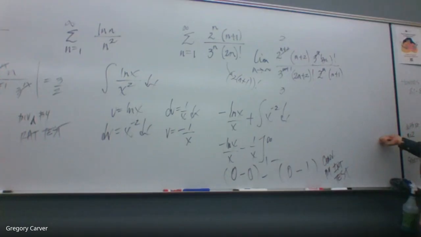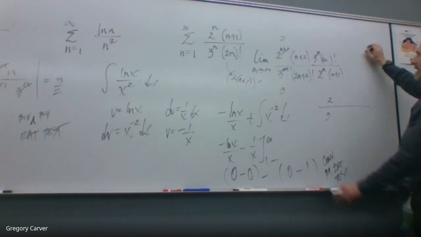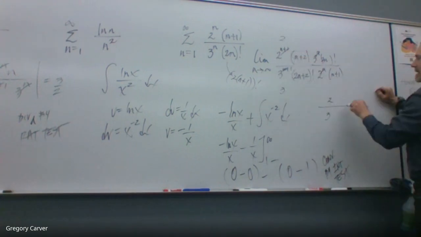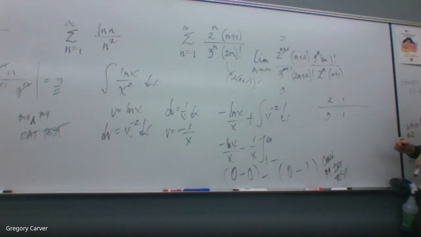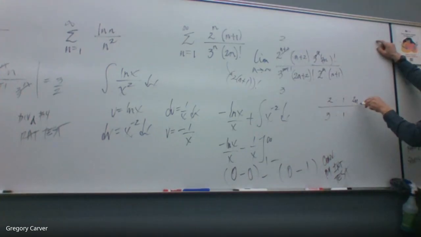Let me just write it down here. 2 on the top, 3 on the bottom, right? 2n plus 2. Yeah, let's do this. Do you guys agree that this part localizes to 1? Everybody with me? Then we've got to figure out this. This is going to be 2n minus 1, 2n minus 2.